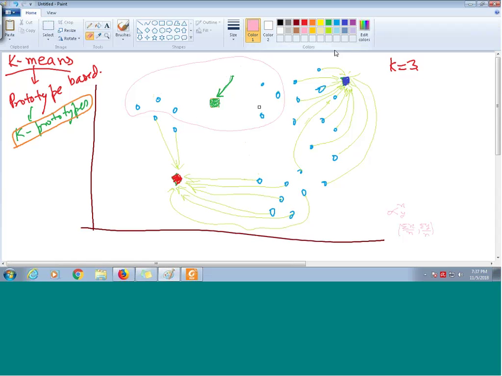Okay. Similarly, can you help me find the same thing over here? I told you that this is the boundary. So let me remove this part. Again, if you want to find the centroid for these items, these are the items that you have.